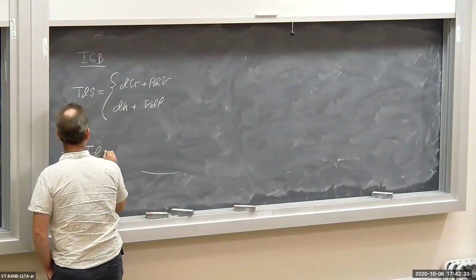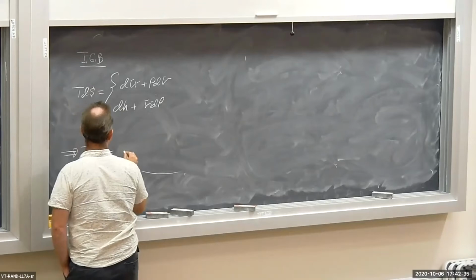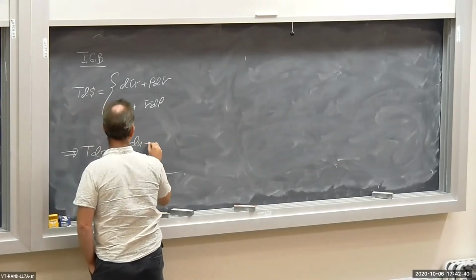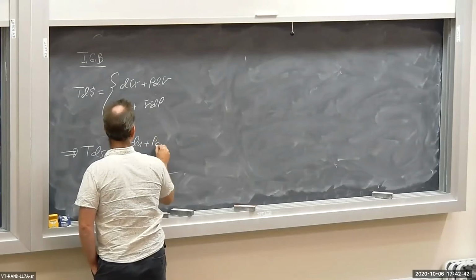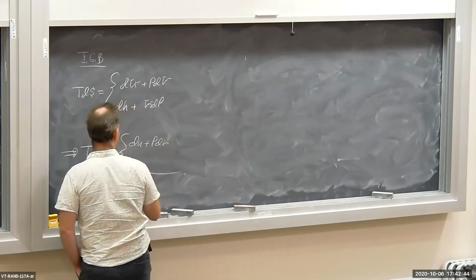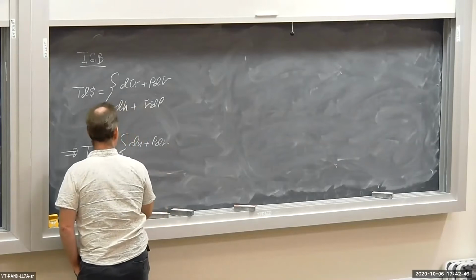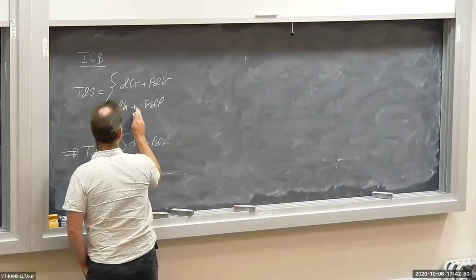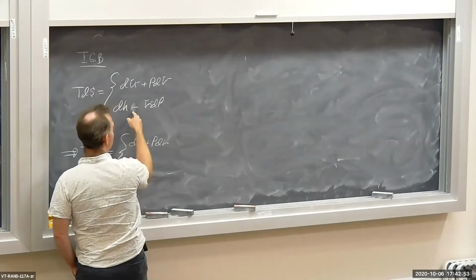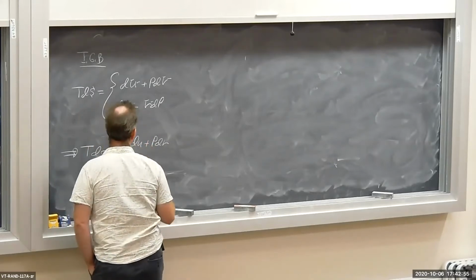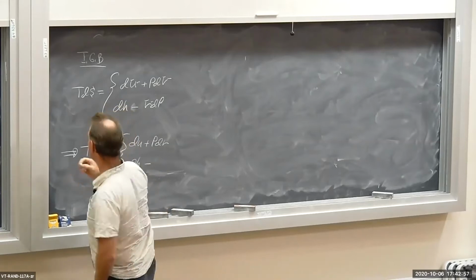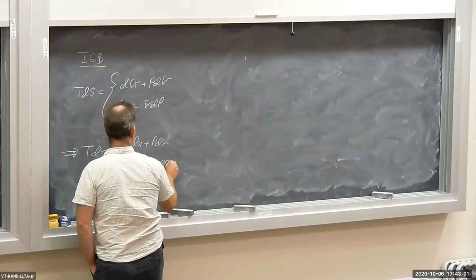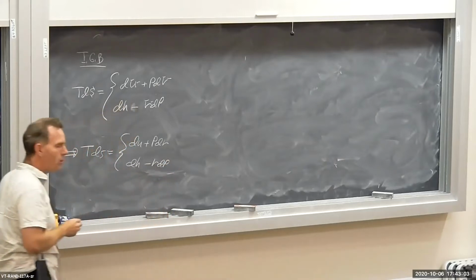T ds is equal to du plus pressure times dv, or dh minus v dP, not plus, minus v dP. That's specific volume, okay? So that's on a per unit mass basis.